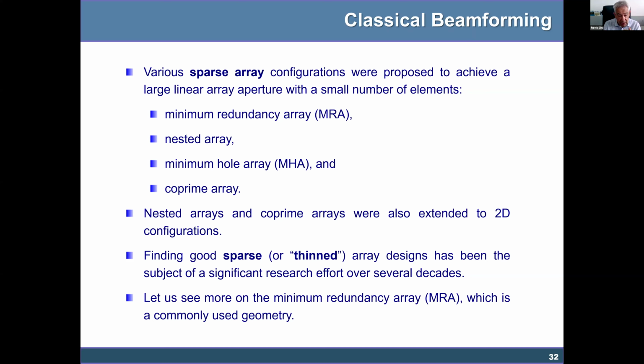These arrays sometimes are called thinned, sometimes are called sparse in general. And then depending on the particular architecture, you can find different names. The first one that was proposed was the so-called minimum redundancy array, MRA.